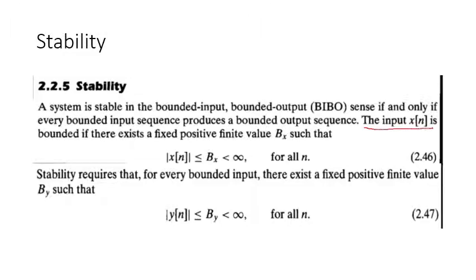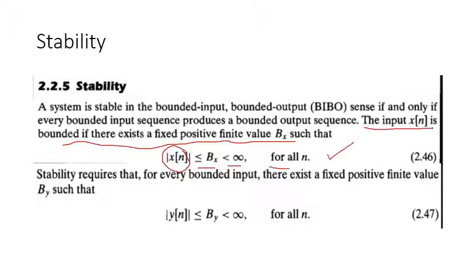The input x of n is bounded if there exists a fixed positive finite value Bx. In stability we are dealing with the magnitude. If the magnitude of input is less than some fixed positive value, and that fixed value is less than infinity, for all n, it means that input is bounded.